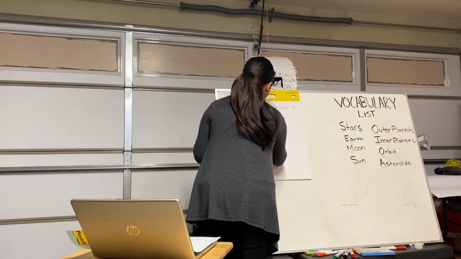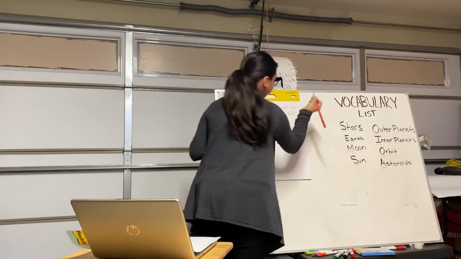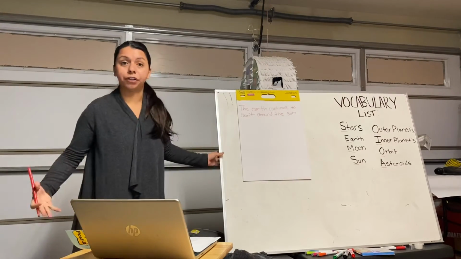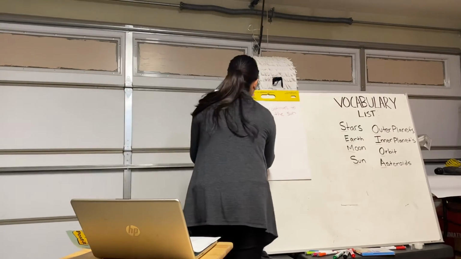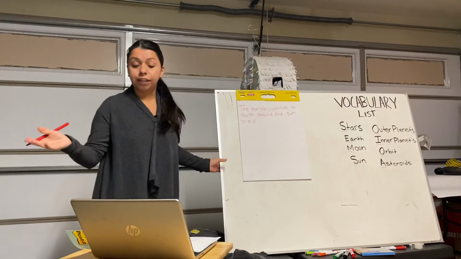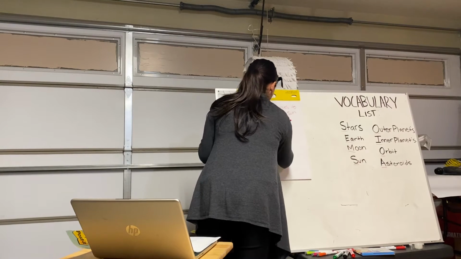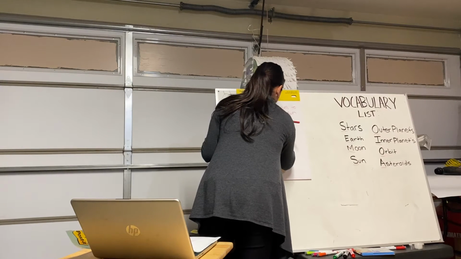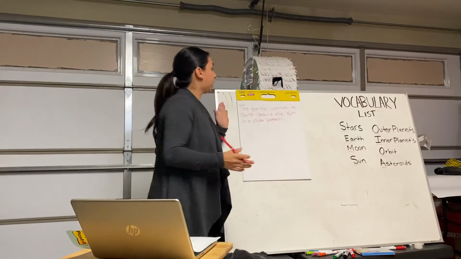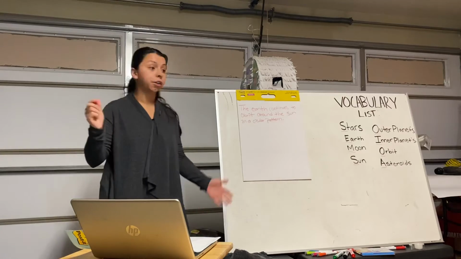So around the sun in a circular pattern. In a circular pattern, right? So the Earth continues to orbit around the sun in a circular pattern.